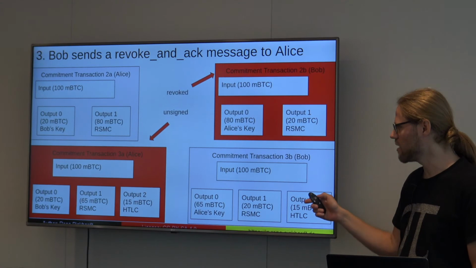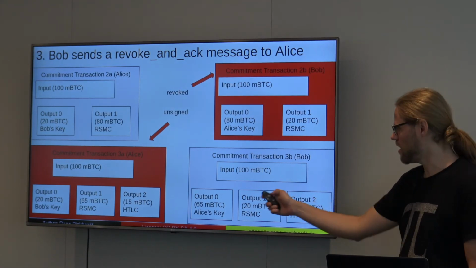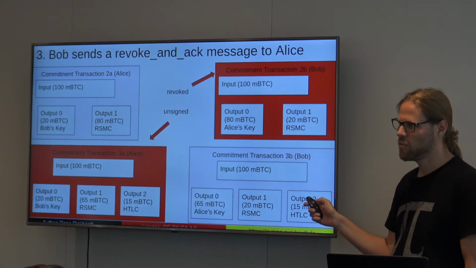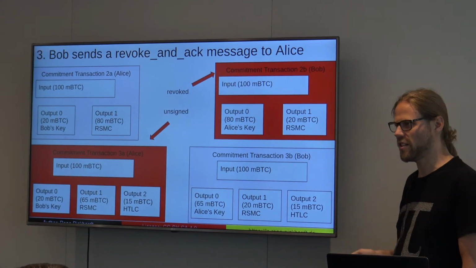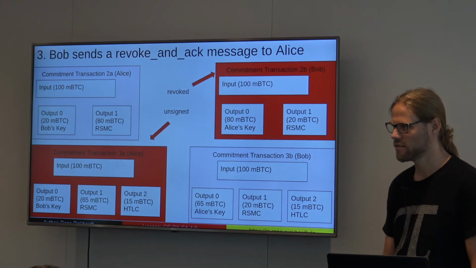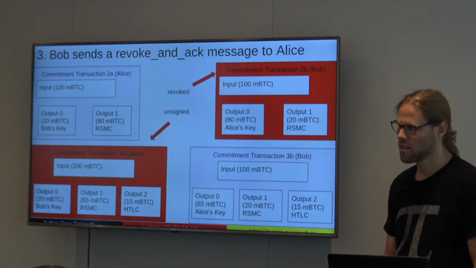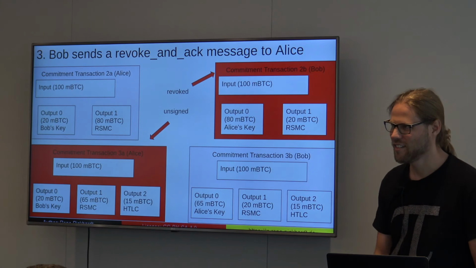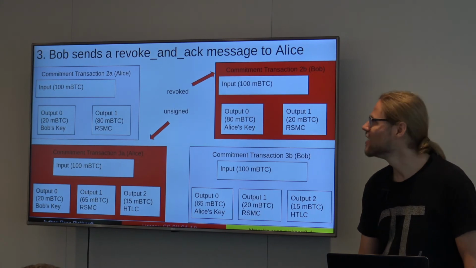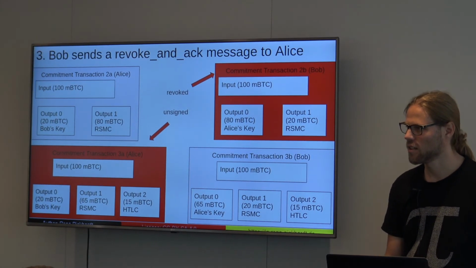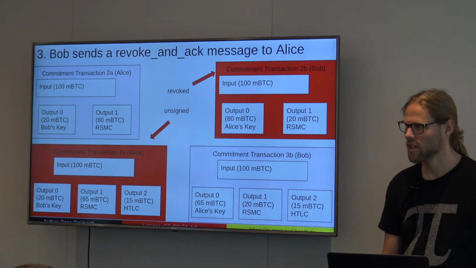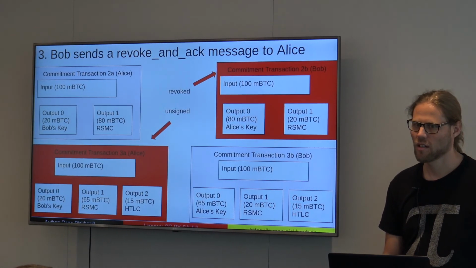I can still enforce this. I still have my 20, which I had before. I don't know if I get this one, but even if I don't, I didn't forward anything. Easy. But if it's a payment from Bob to Alex, then it's the other way around, right? So it's the sender that initiates the state update, but it's the receiver that revokes first. Yep, and it's because the sender is signing first on the state update.